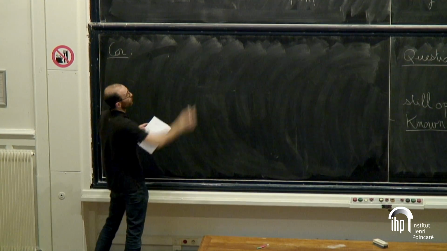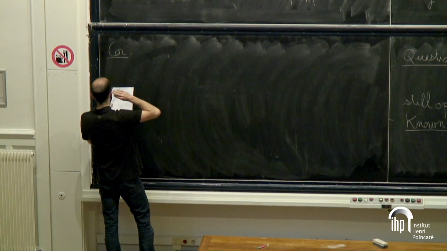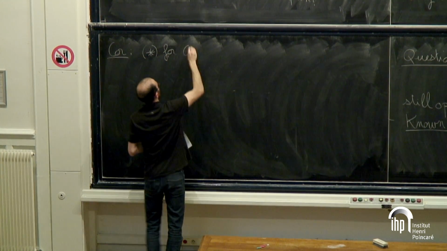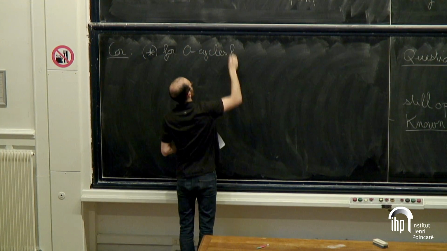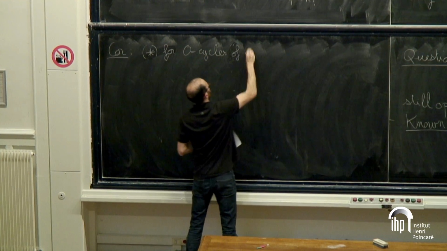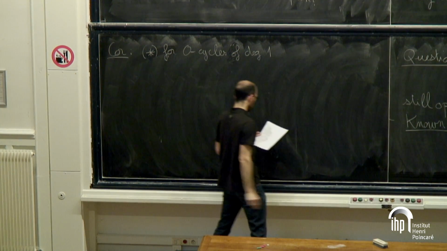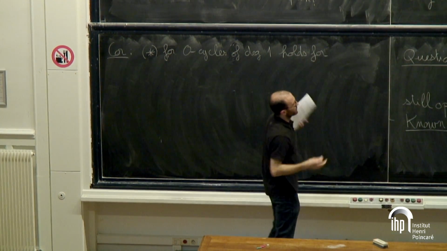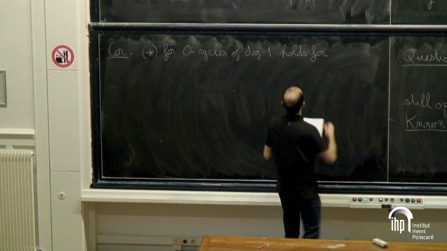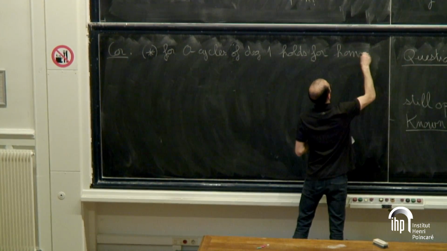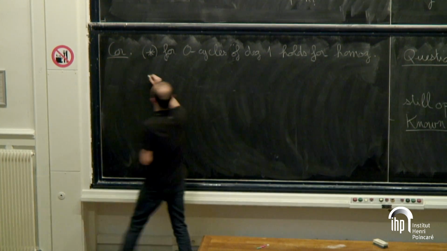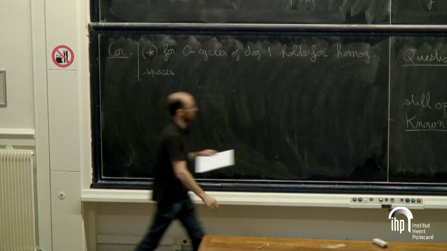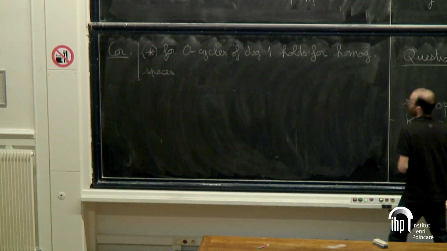If you put the two theorems together, you get that star for 0 cycles of degree 1 holds for arbitrary homogeneous spaces of linear algebraic groups, or smooth compactifications of such varieties.